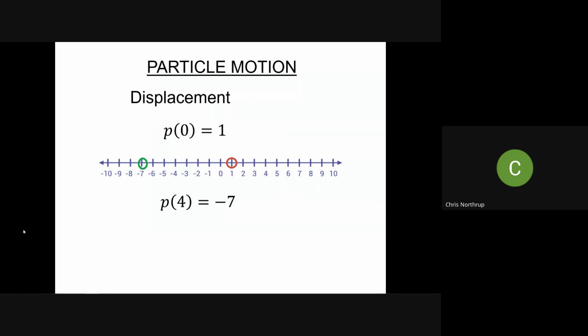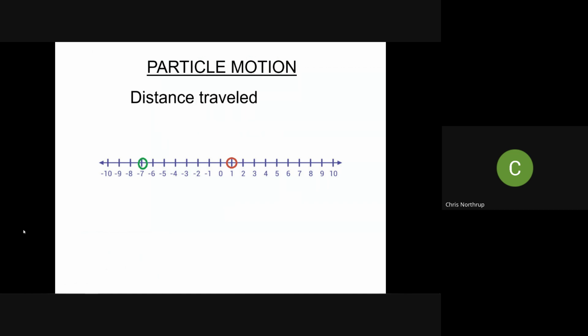It could have been moving only to the left. But all I know is when I started off at 1, I ended off at -7. So my displacement would just be the difference from where I started to where I ended up. It's the distance from my endpoint to my very starting point. So you typically are just going to find the difference and take the absolute value because this is, by definition, a distance, and distance is always positive.